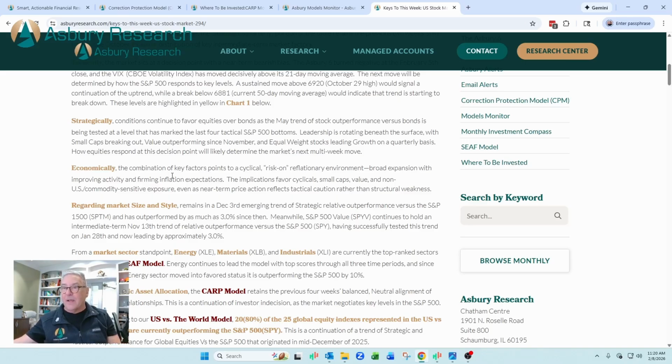So economically, the combination of key factors points to a cyclical risk-on reflationary environment, broad expansion with improving activity, and firming inflation expectations. The implications favor cyclical, small caps, value, and non-U.S. and commodity sensitive exposure, which is your oil.